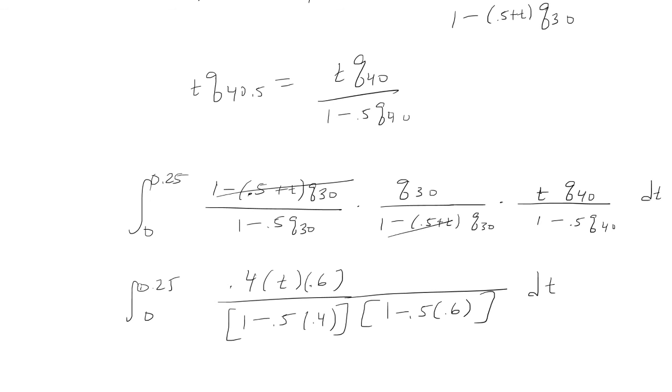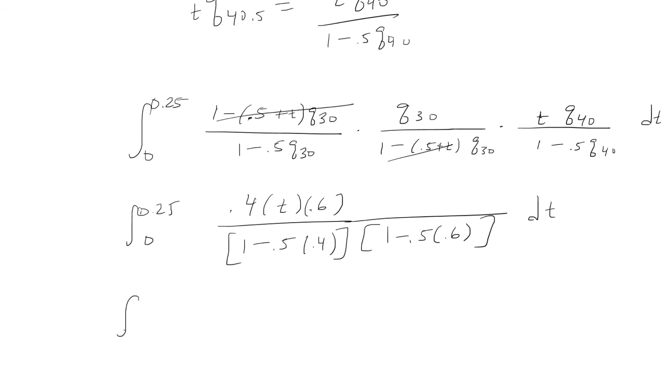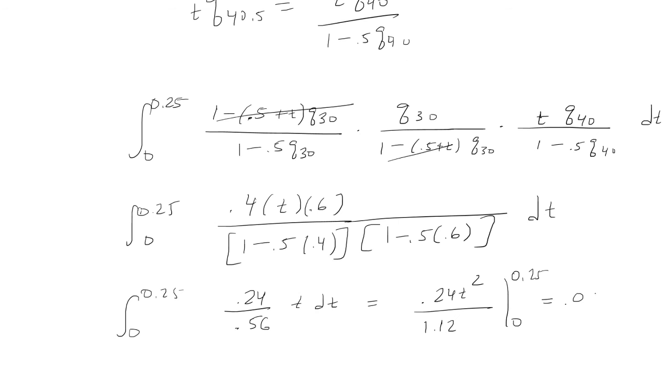So when we clean that up, what's left in the integral is 0.24 over 0.56 t dt. So when we integrate that from 0 to 0.25, we end up getting, let's see, 0.0134 as a final answer.